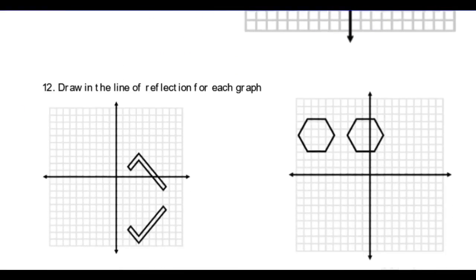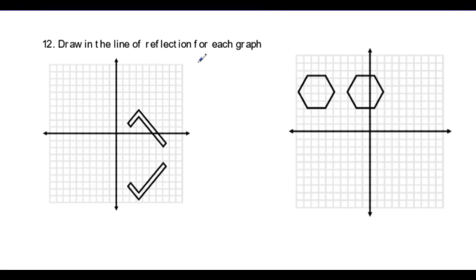Completely done and labeled. For number 12, draw in the line of reflection for each graph. Well, you can pretty much see where it looks like it was folded, exactly in the middle, or where it looks like the middle. It looks like a horizontal line. To find exactly the middle, you locate 2 corresponding points and then find halfway between. For instance, this point here and this point here.